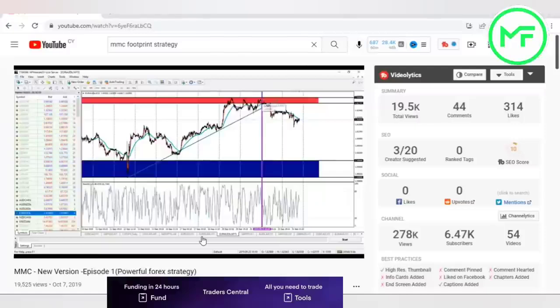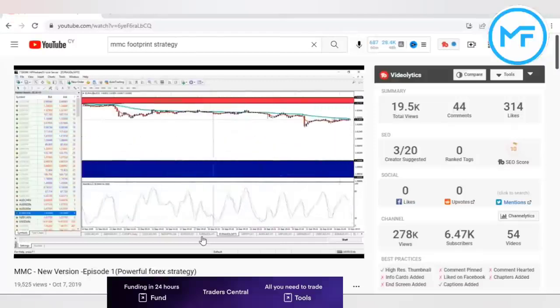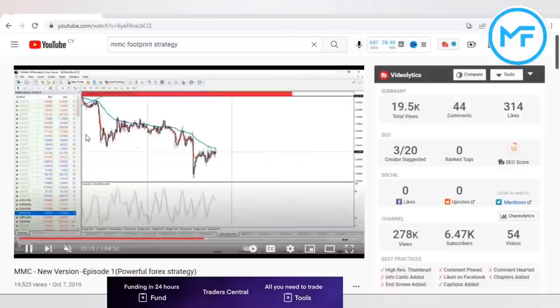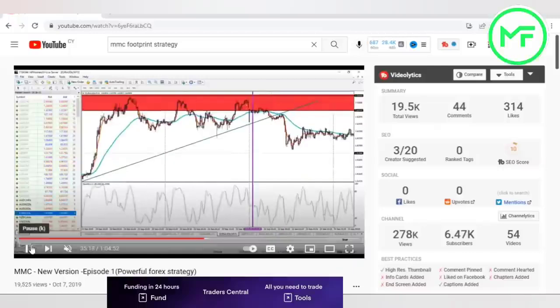Which means it moves 20 pips, it shall retrace 20 pips, 50 pips, depending on the currency pair. If it's GBP-USD, it can move 50 pips, retrace 30 pips, something like that. Which currency is moving more pips? It depends on the currency pair and the time of the day.